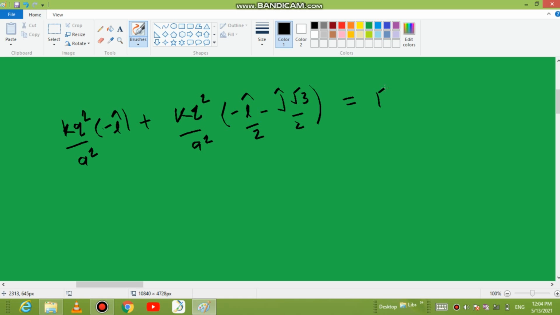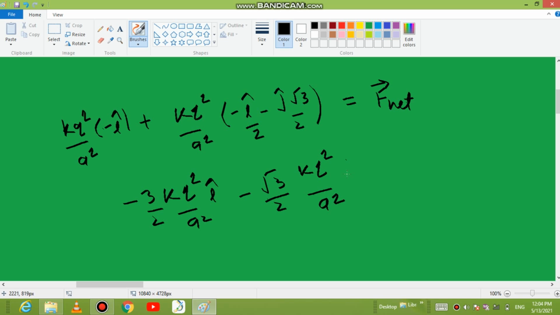This will be net force on third point charge. After adding them, we get negative of 3 by 2 kq square upon a square i cap and negative of root 3 by 2 kq square upon a square j cap.